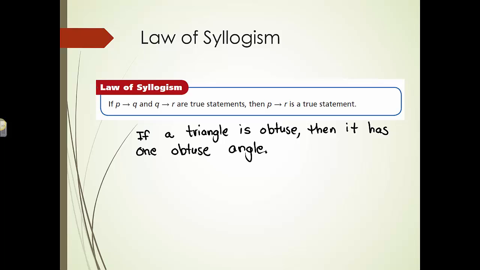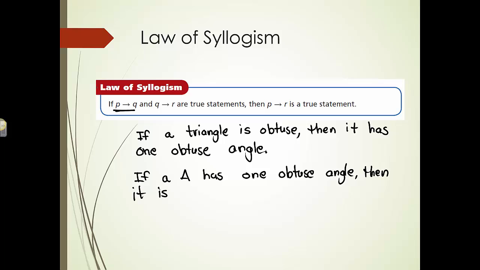Okay, so that would be my first P implies Q. So I would say if a triangle has one obtuse angle, then it is not a right triangle. So that would be my Q implies R.